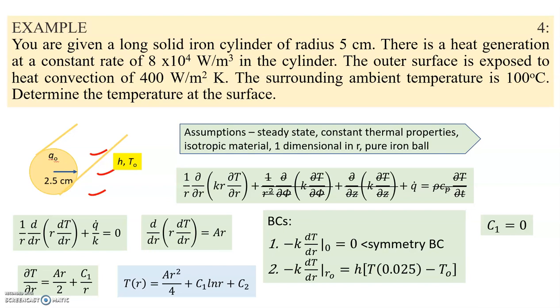If you use the first boundary condition, you'll find that C1, the constant of integration, is equal to 0, and your quadratic temperature profile within the iron cylinder is as such. Okay, so that is it for the examples for now.